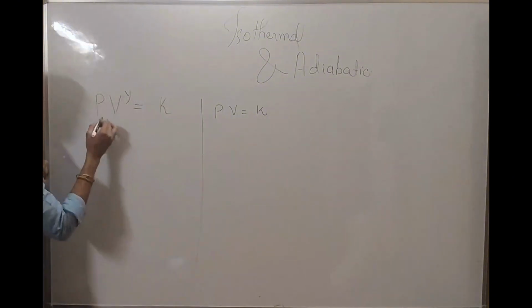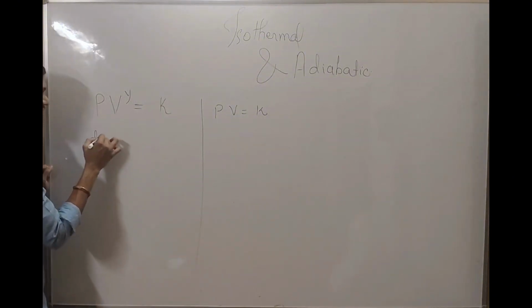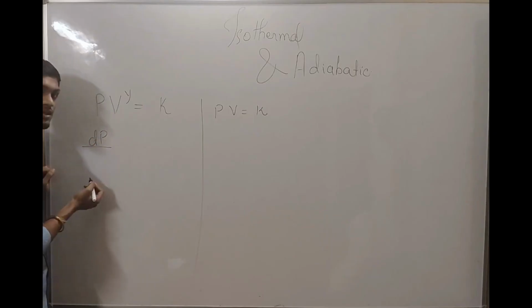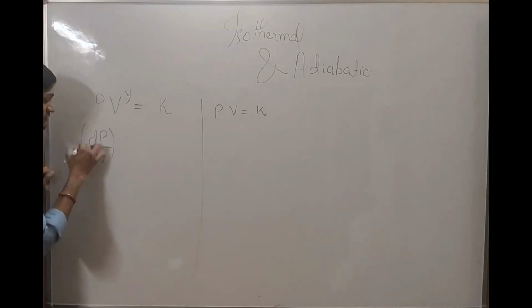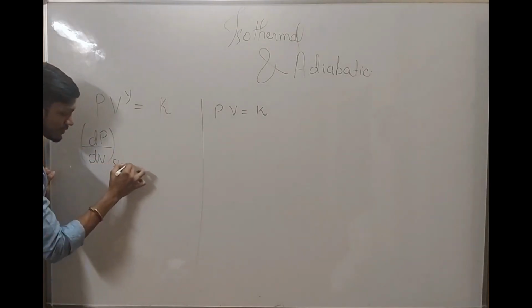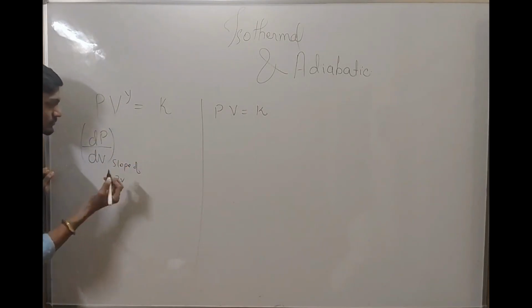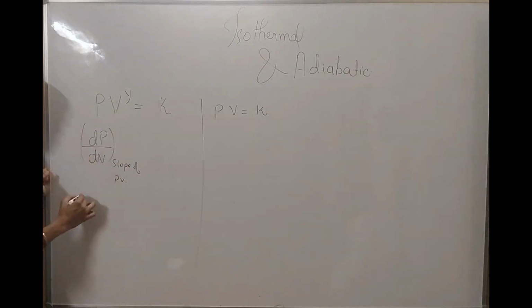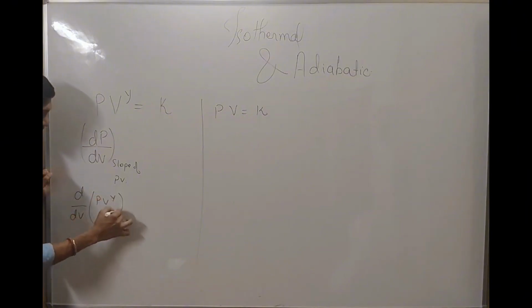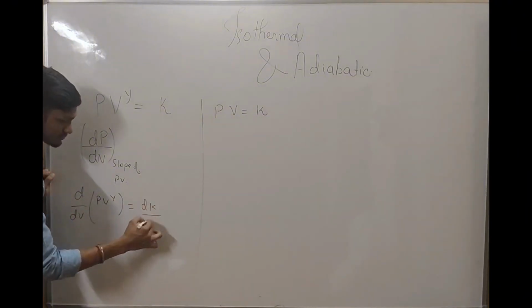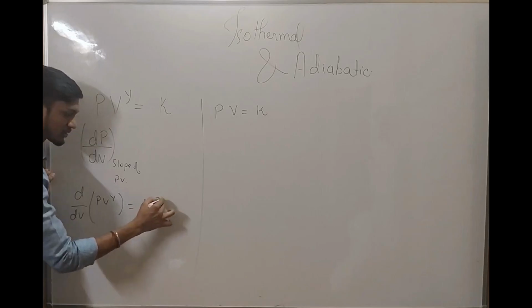Now, for this particular graph, let's analyze the slope of the PV graph. The slope of the PV graph will be given by dP by dV. Differentiating both sides with respect to V, this side being constant becomes 0.